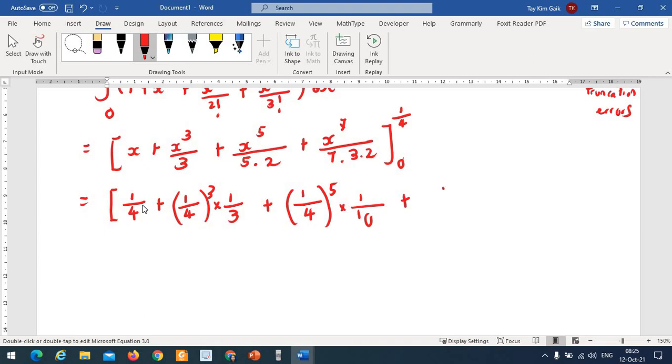So plus 1 over 4 power 7, divided by 7 times 6. When you substitute lower limit 0, everything in the terms here is 0. So please evaluate this one using your calculator.